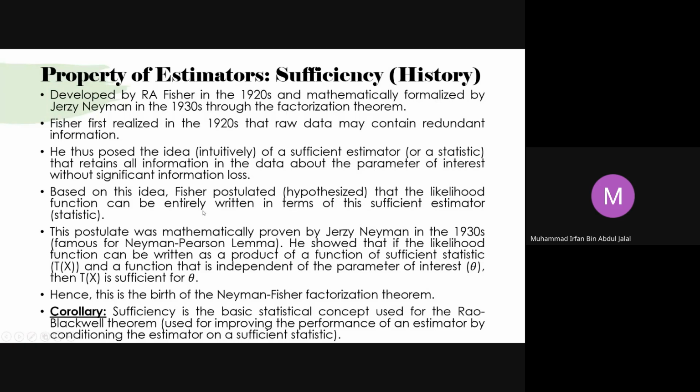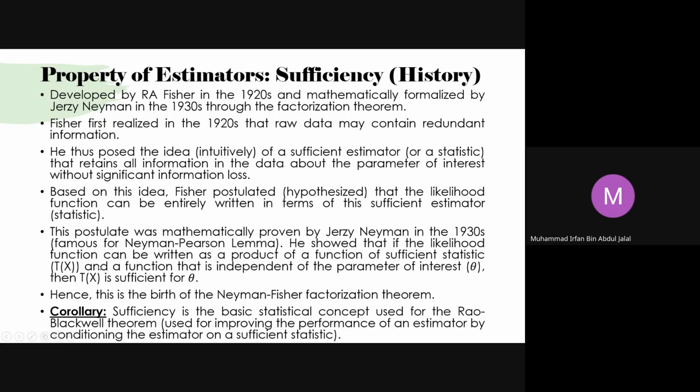So based on this idea, Fisher postulated, or hypothesized, without any formal mathematical proof, that the likelihood function, we have learned the likelihood, the likelihood function of a joint PDF for example, can be entirely written in terms of a sufficient estimator.